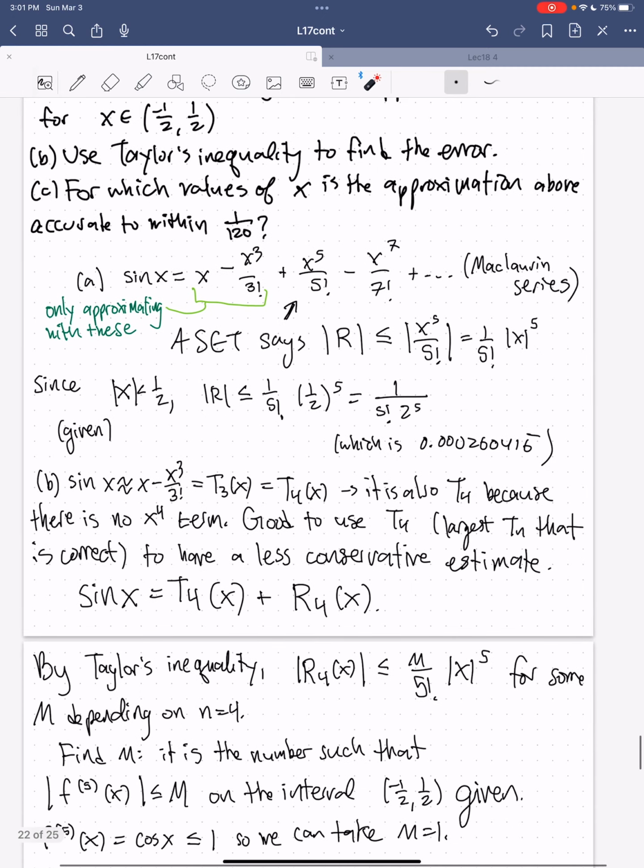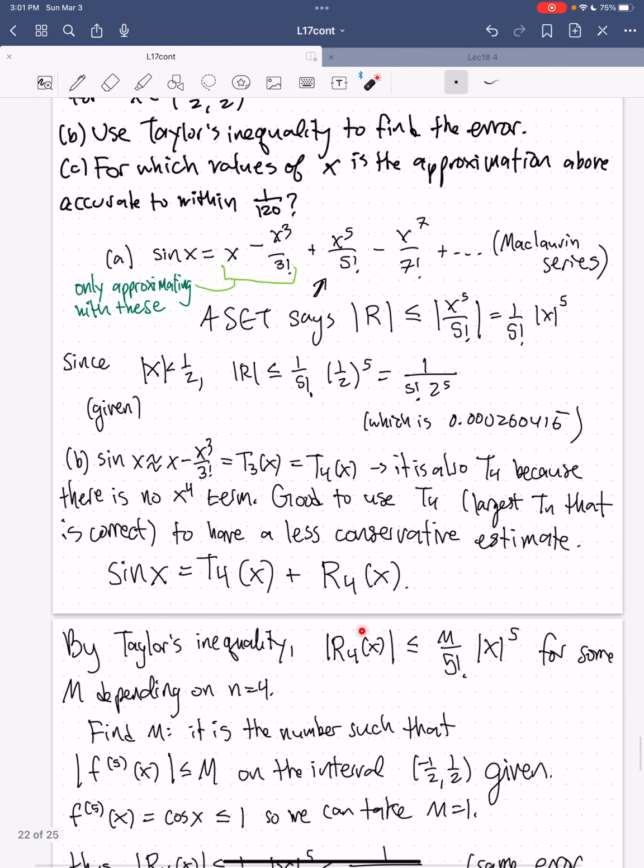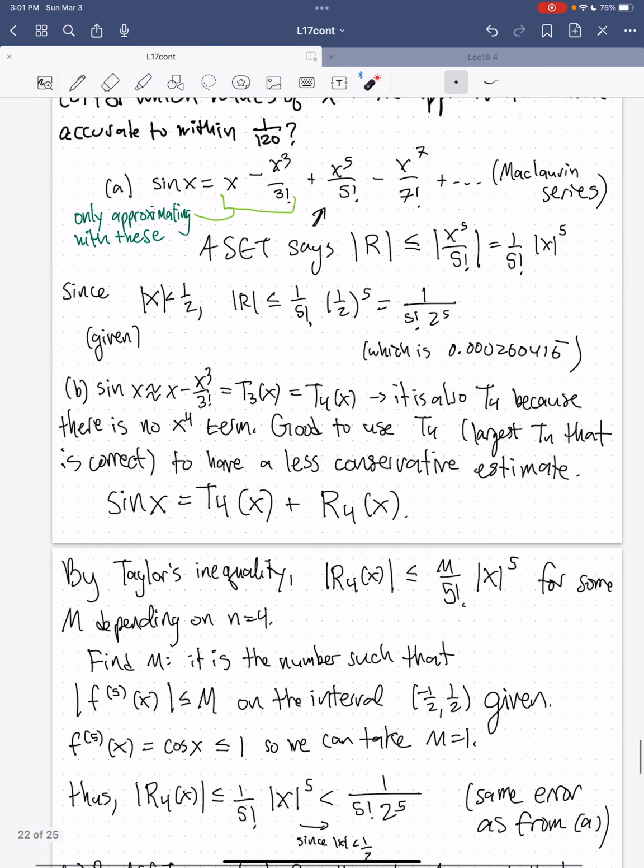By Taylor's inequality, the remainder after these terms is bounded above by m over 5 factorial times absolute value of x to the 5 for some m that depends on n, and here n is 4. Now that number m is the number such that our fifth derivative is less than or equal to m on the interval given, so this -1/2 to 1/2.